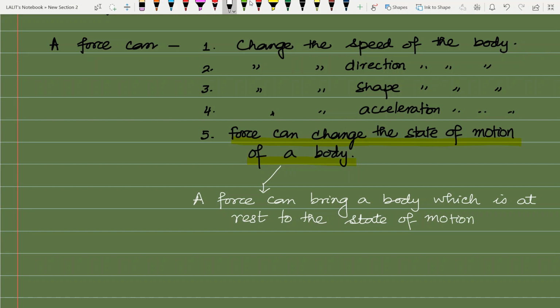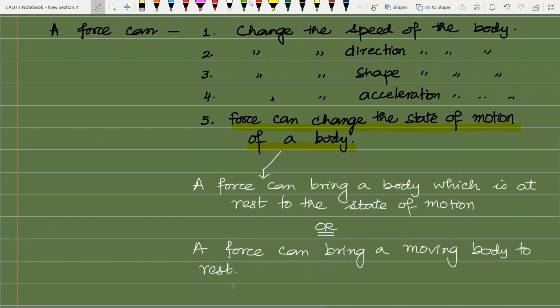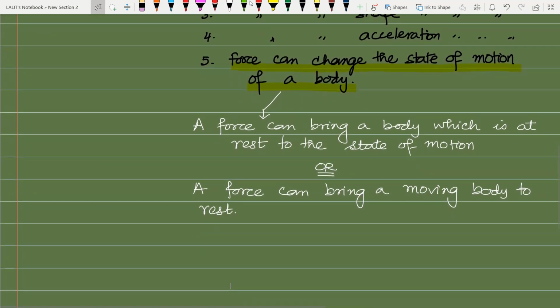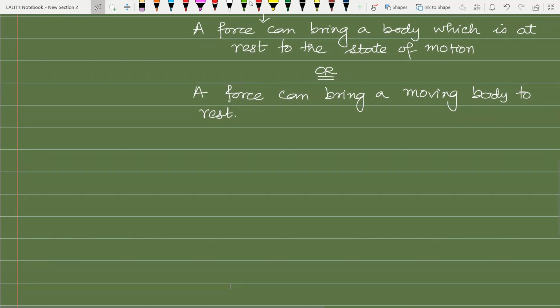Or if we go the reverse way, a force can bring a moving body to rest.